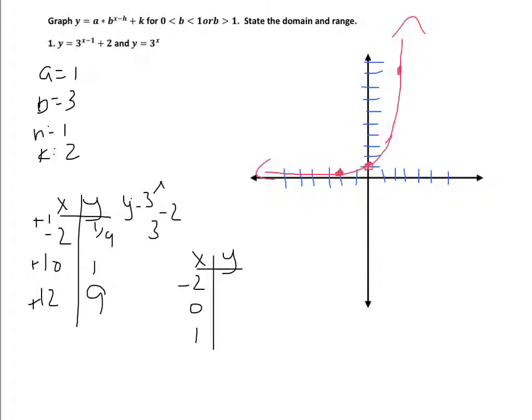So I would get negative 1, 1, 3. Plus 2 means add 2, add 2, add 2. So I would get 2 and 1/9, 3, and 11.